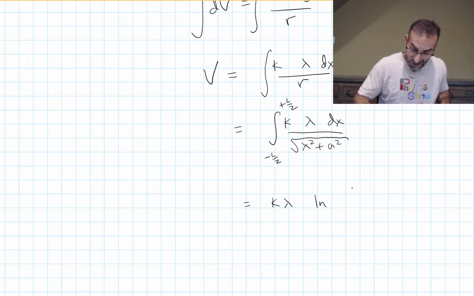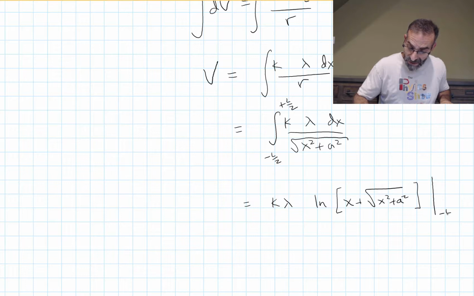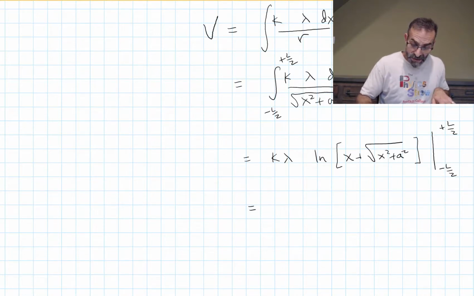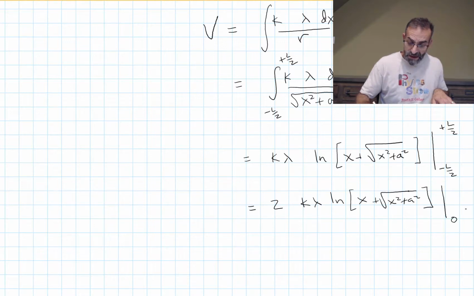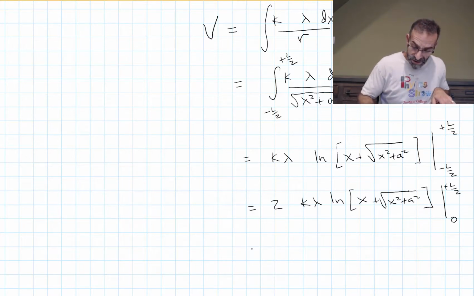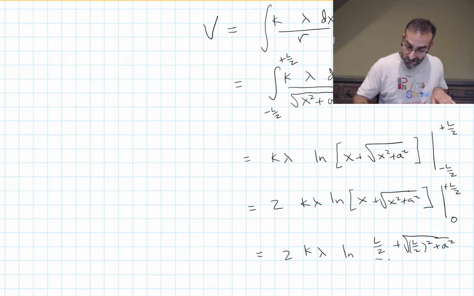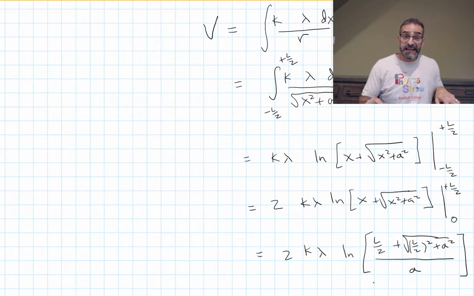And the natural log of x plus the square root of x squared plus a squared, evaluated from minus L over 2 to plus L over 2. Because this is symmetric, I can say this is 2 times the integral evaluated from 0 to plus L over 2. Makes it a little easier to evaluate. And this is the potential at distance a above the midpoint of a charged rod of length L.